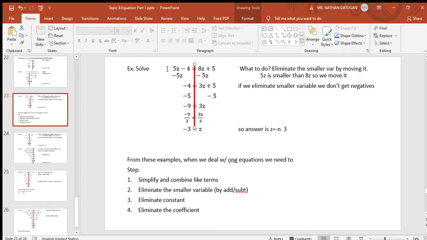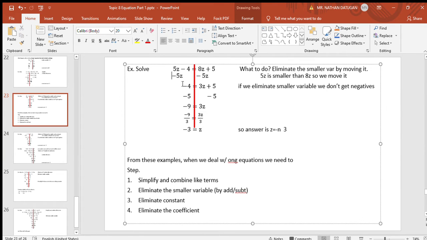Because they're on the separate side of the equation. 5z is on your left and 8z is on your right, so we cannot simply just combine them. But what we can do is we're going to eliminate the smaller variable. How do we do that? We subtract 5z on both sides.